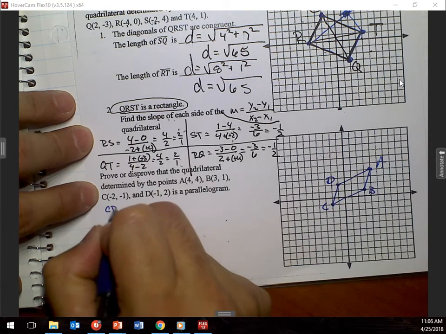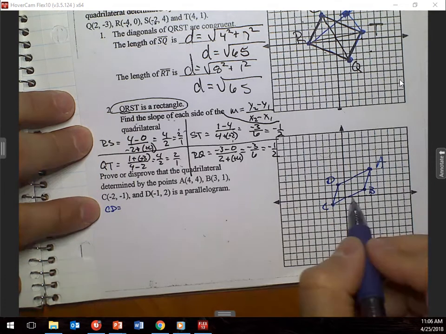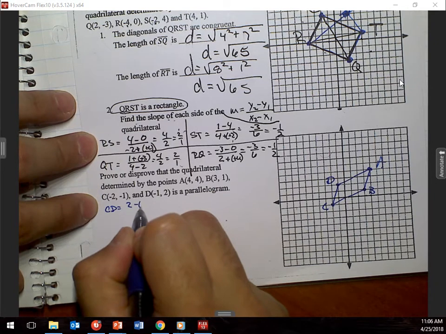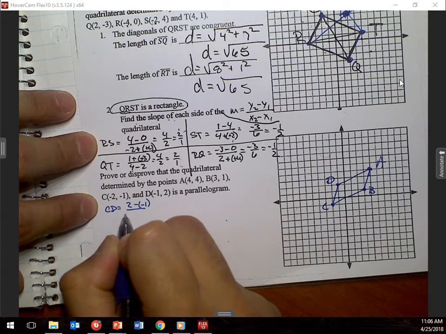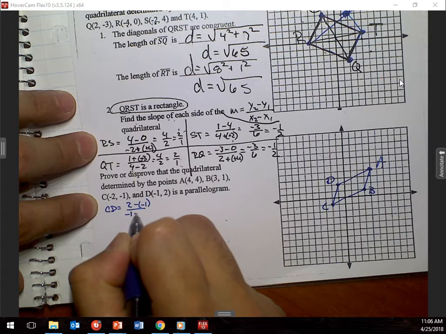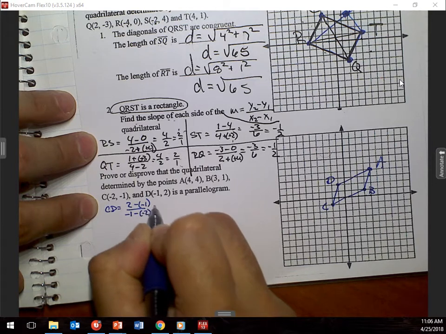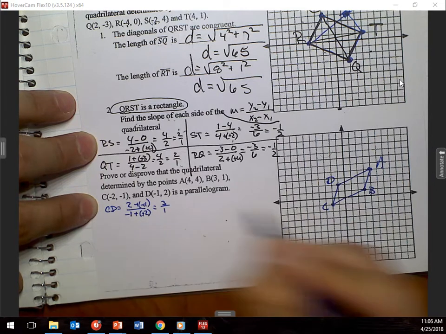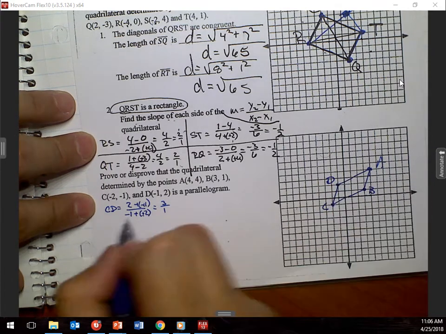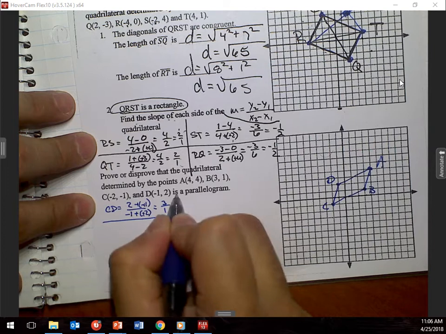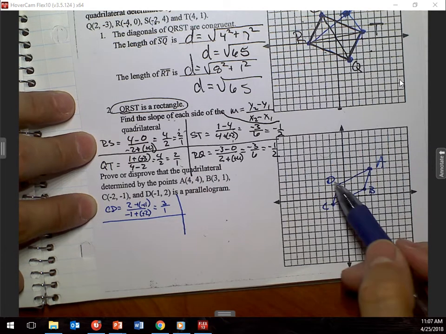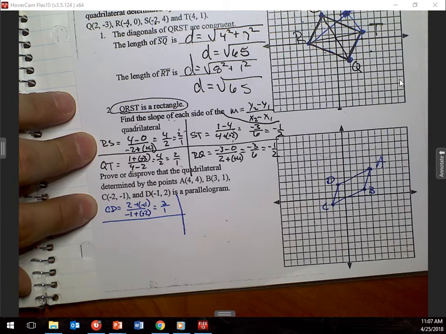So CD, D is the second one: 2 minus -1 over -1 minus -2. Plus 3 over plus 1. So it's 3 over 1. There's CD. Now let's do the next one. Which one should be parallel to CD?